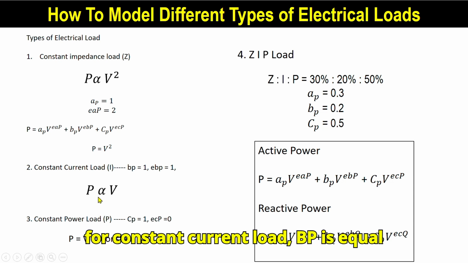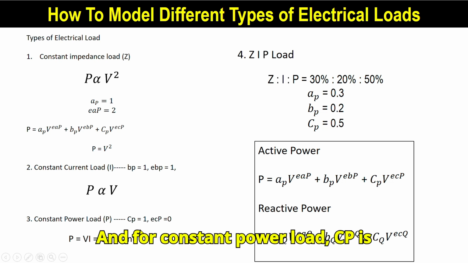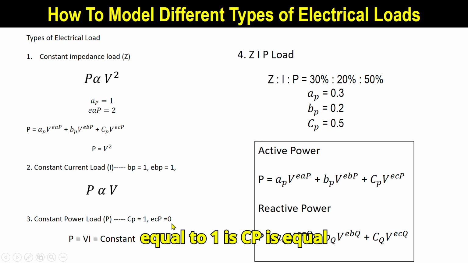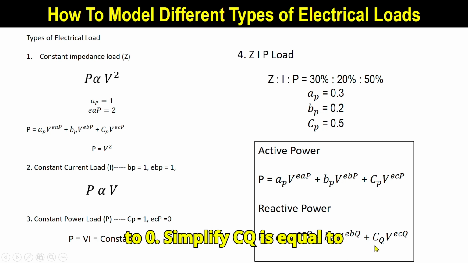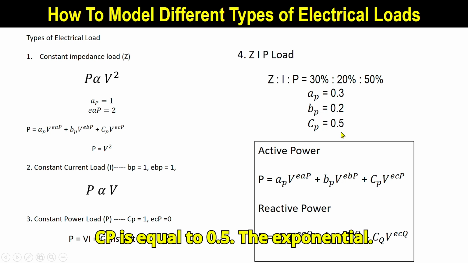Similarly for constant current load, BP is equal to 1, EBP is equal to 1, and BQ is equal to 1 and EBQ is equal to 1. And for constant power load, CP is equal to 1, ECP is equal to 0. Similarly CQ is equal to 1 and ECQ is equal to 0. For ZIP, AP is equal to 0.3, BP is equal to 0.2, and CP is equal to 0.5.